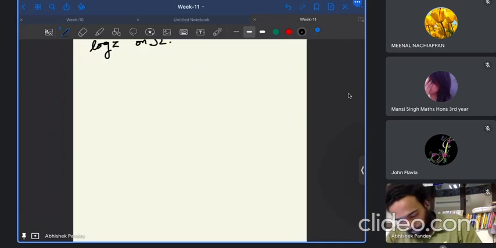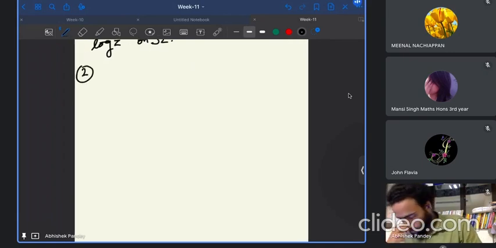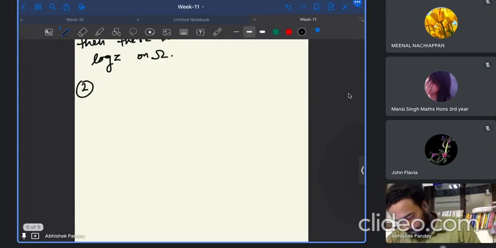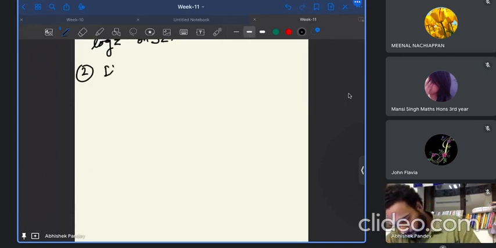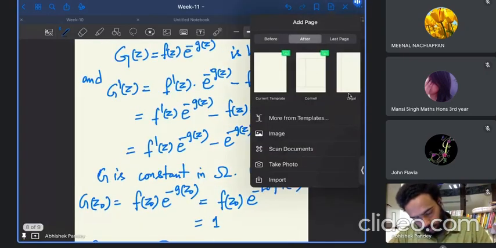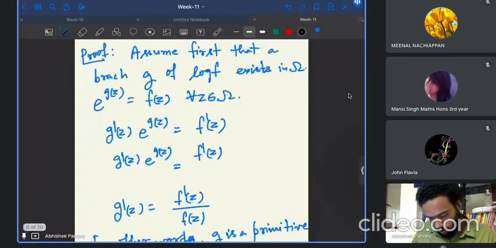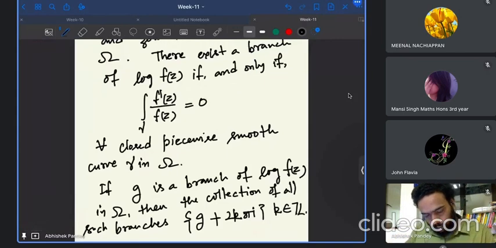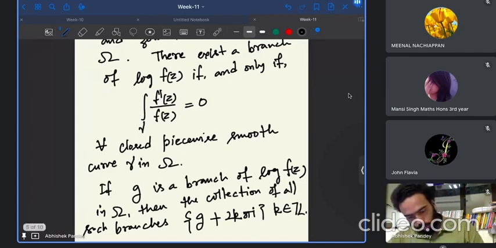Now the second thing is, wait a minute, here one more part was there. So what was the thing? Yes, if G is any other branch, this we need to prove.